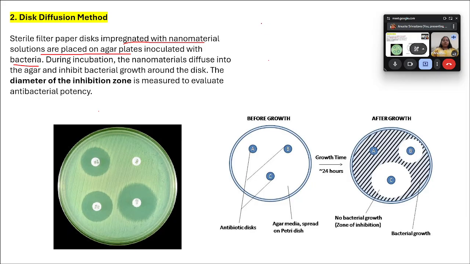Suppose I'll draw it here. Suppose you cut out different circular filter papers and you impregnate your nanomaterial. You can simply dip your nanomaterials in it, or there are different methods for how you can get your nanomaterials impregnated on the sterile filter paper. Suppose you got all your nanomaterials impregnated on this filter paper. Then the next step would be that the solutions are placed on agar plates inoculated with bacteria.